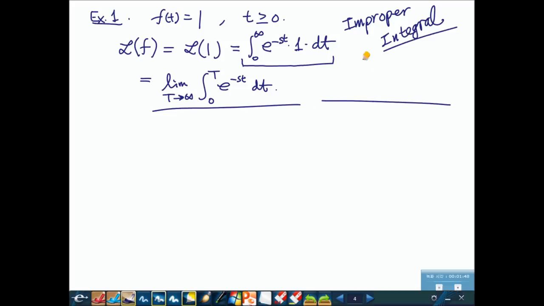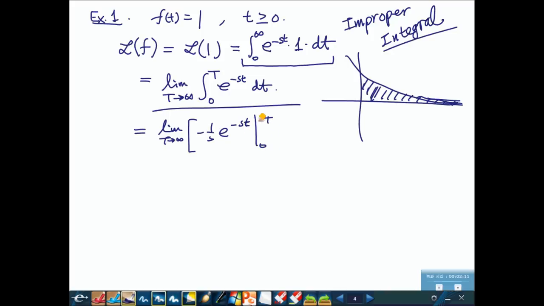It's like integrating under the curve infinitely, okay? So we need a limit process. If you do that, it's the limit as t goes to infinity of minus 1 over s e to the minus st from 0 to t.